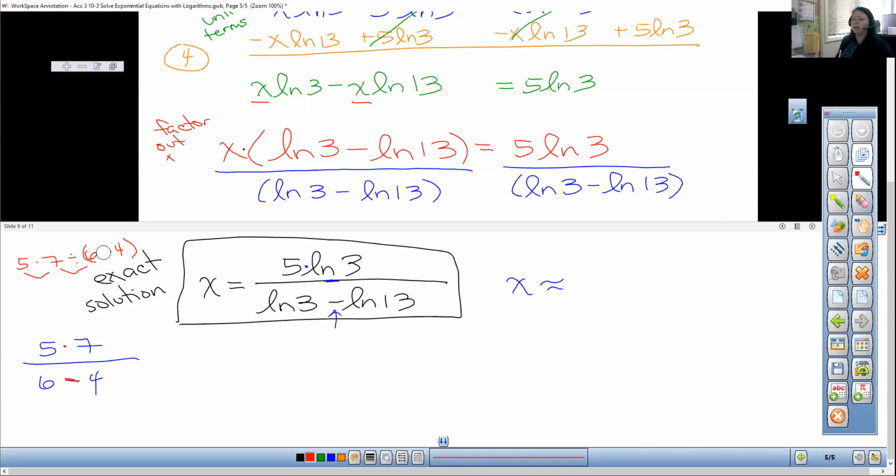So now when the calculator sees this structure, it says, okay, start going left to right. Oh, wait, I can't do that division because of those parentheses. I better do that subtraction. Now I can go back and do 35 divided by 2 as the final answer. So you can put parentheses around this, but they're not absolutely required.